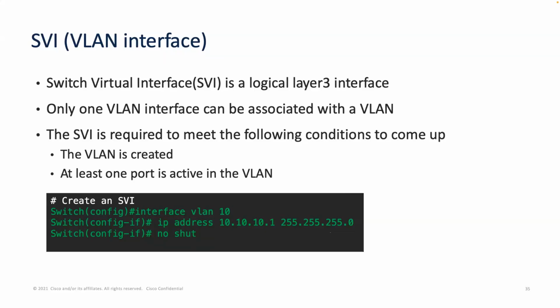And the second reason, more likely, is that there is no active physical port in the VLAN the SVI maps to, which means for that VLAN we need at least one active physical port mapped to it. So by checking these two points, that can help you to bring your SVI up.